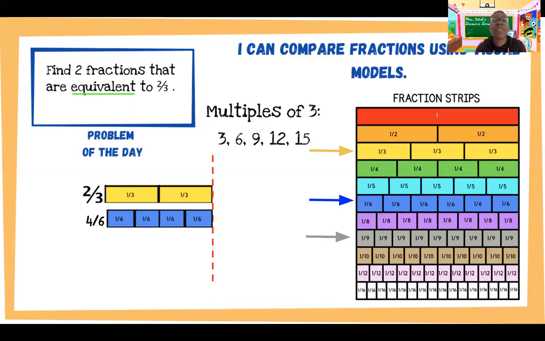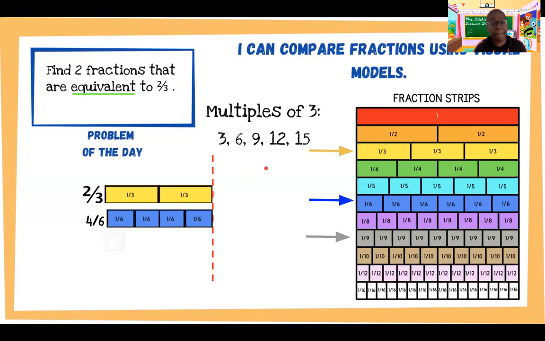All right, well, the problem asked for 2 fractions that were equivalent. And so which fraction tiles are we going to use next? Did you say we're going to use the 9th tiles? That's right, because the next multiple of 3 is 9. So we're going to take ninth tiles and line them up and see how many we need in order to reach our line.